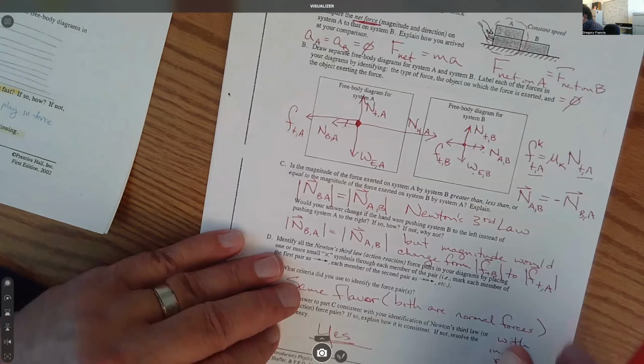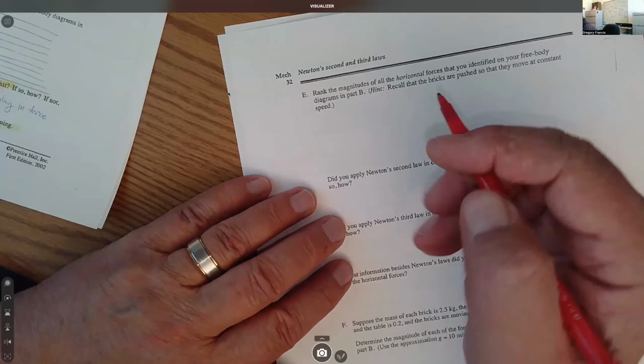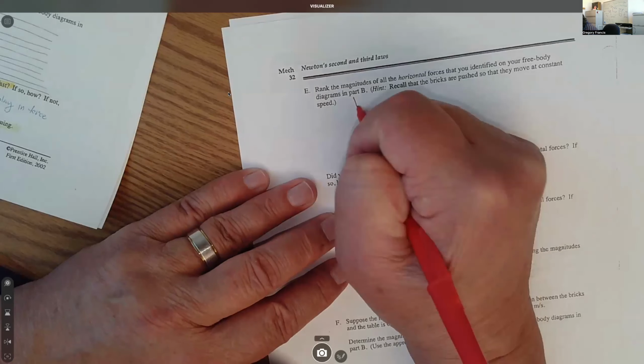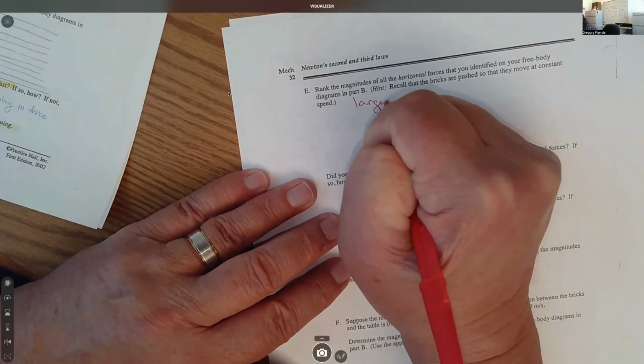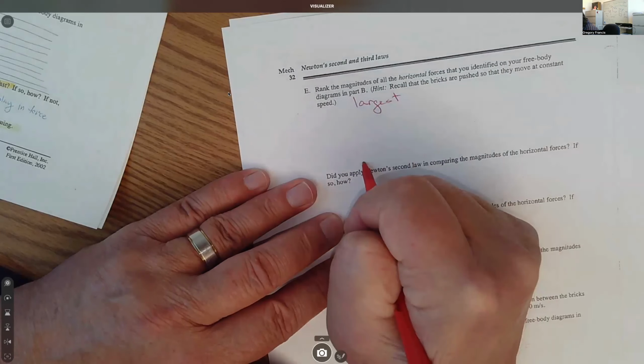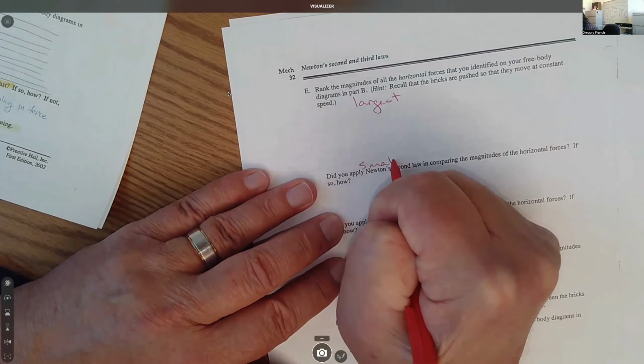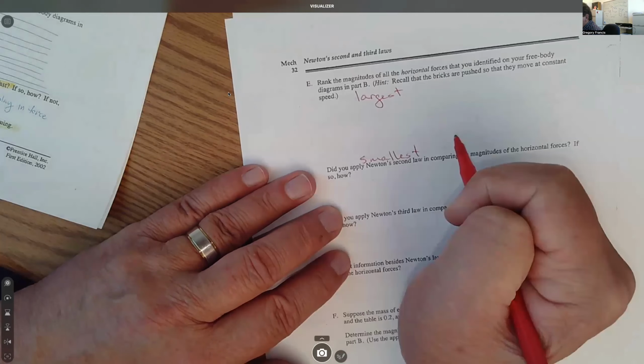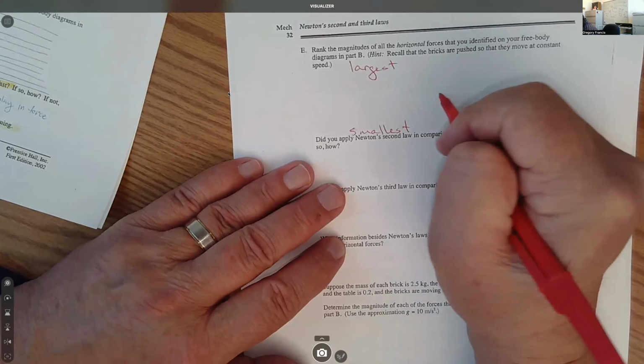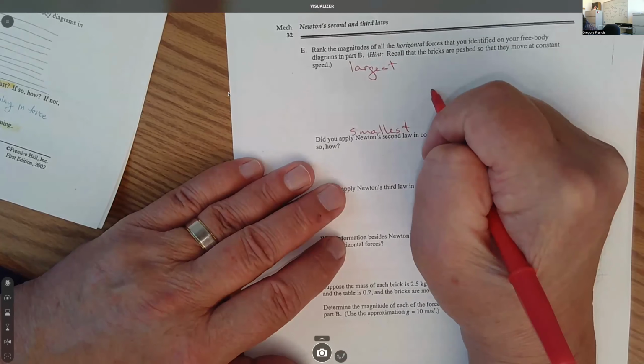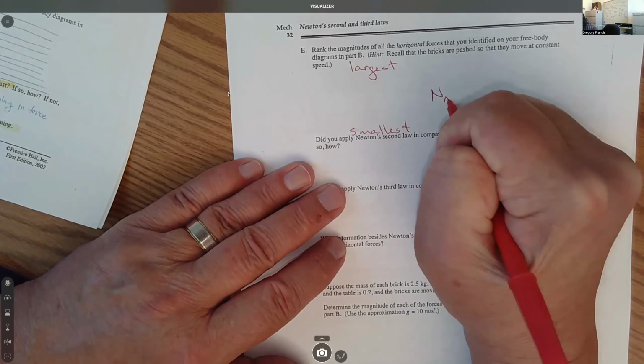Okay, so if I make a list here, I'll call this largest up here and smallest down here, I'm going to put these in the middle here.